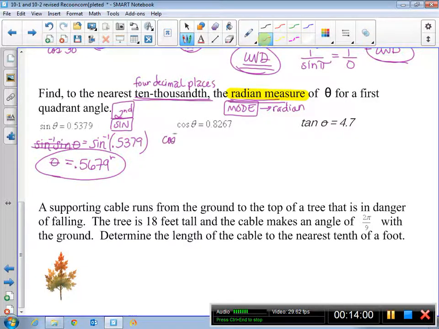Cos inverse both sides. Go ahead and plug that into your calculator. Hitting second cosine. And you should have theta equals 0.5976 radians.